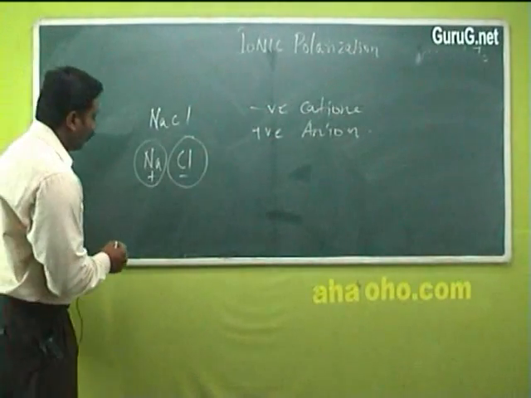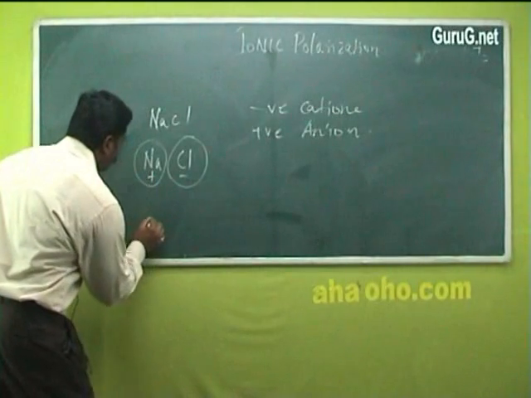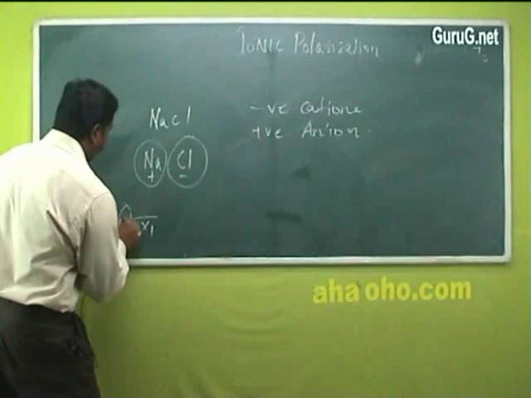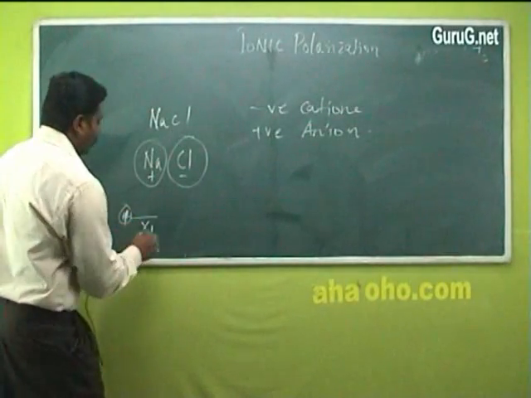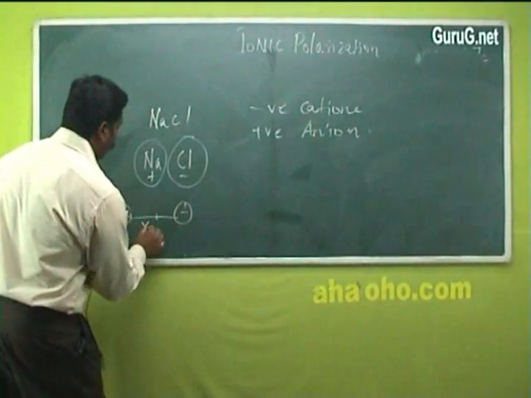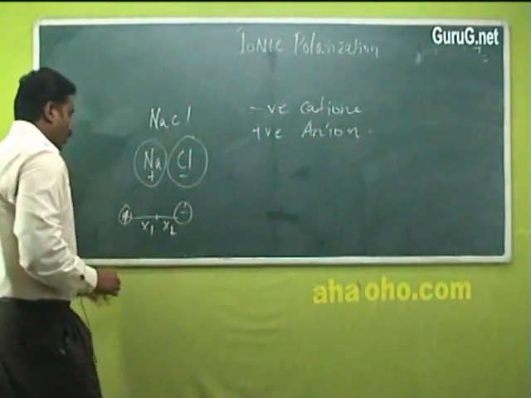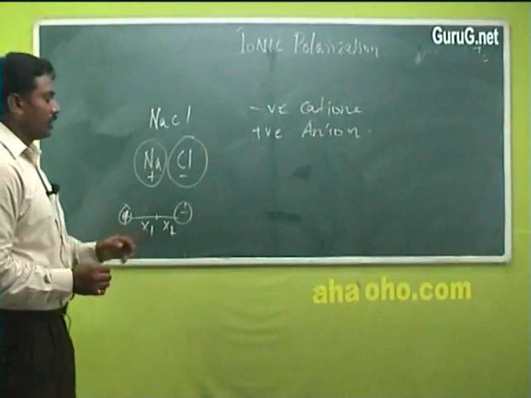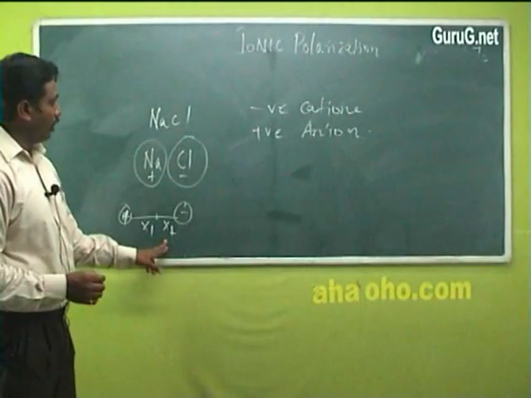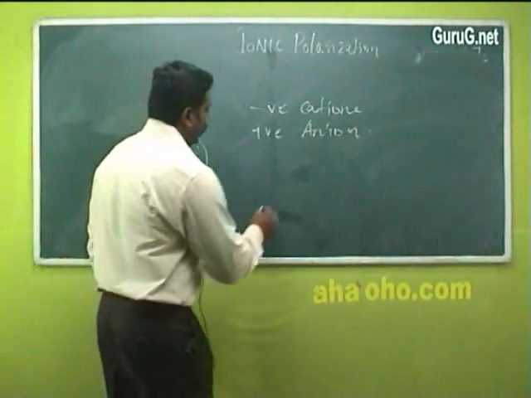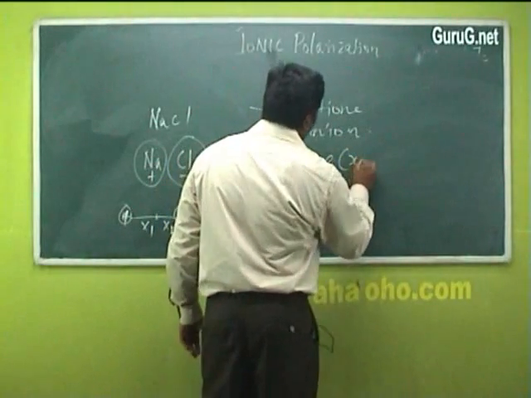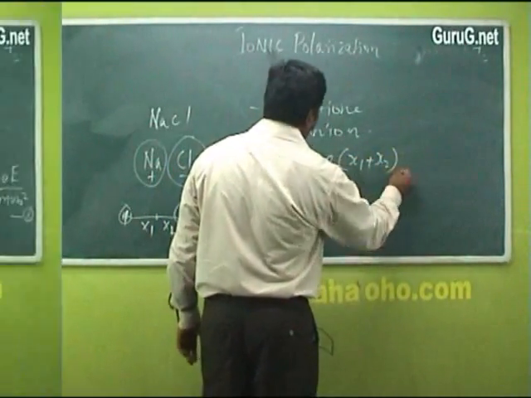On the application of the external field, this is the equilibrium position. x1 is the displacement of the positively charged ion, and x2 is the displacement of the negatively charged ion. Here the dipole moment mu I is equal to E into x1 plus x2.